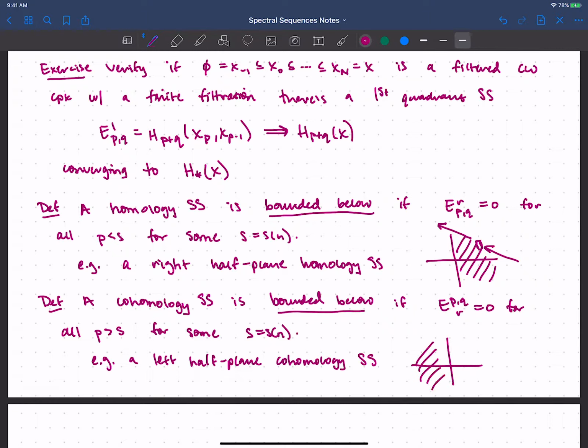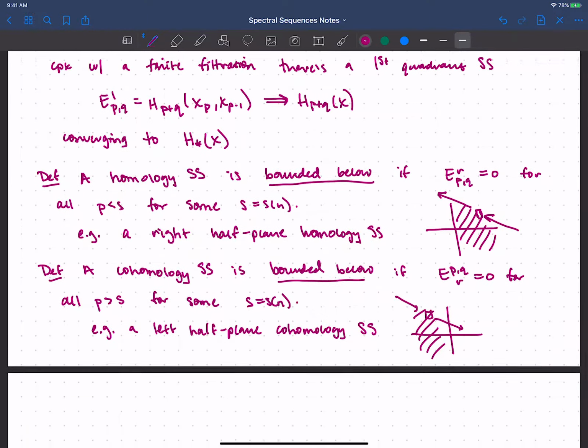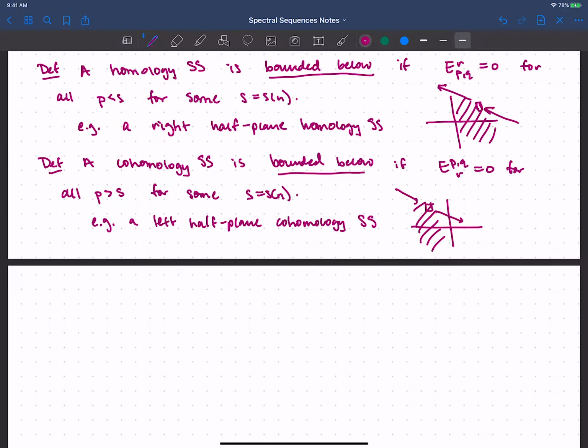So that is sort of the analogous statement. But now in my cohomology spectral sequence, my differentials go to the right and down. So eventually I will land over here in the vanishing region. But notice that my differentials could come from non-zero stuff really forever if I had completely filled that left half plane. So the point here is really that a bounded below spectral sequence satisfies this condition that we call regular.